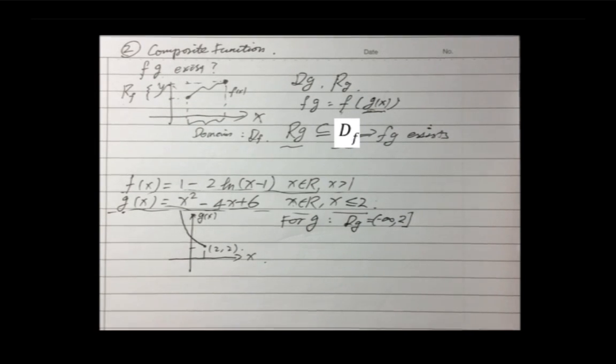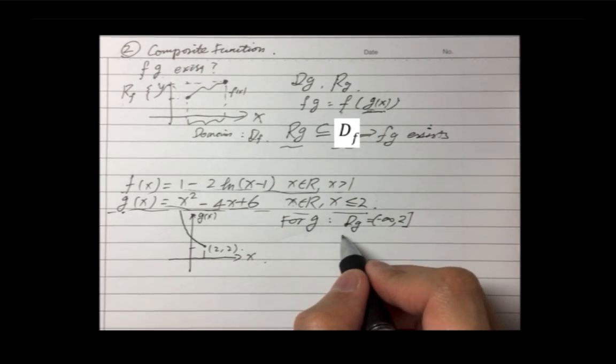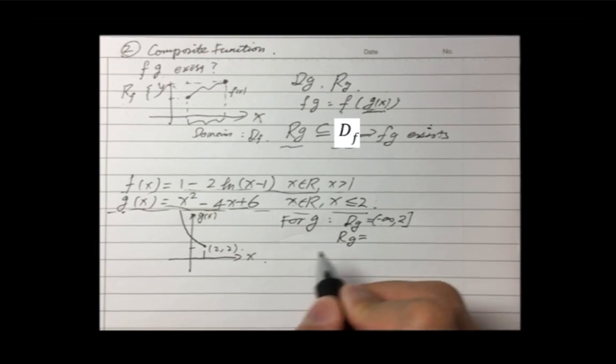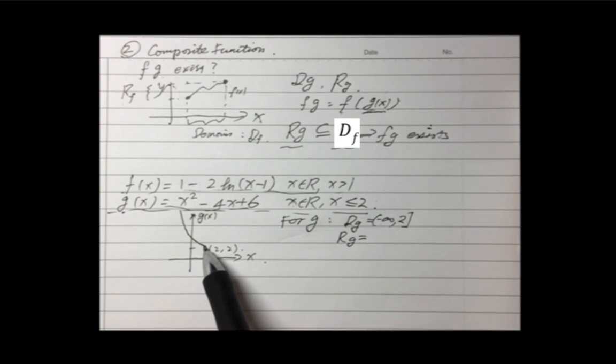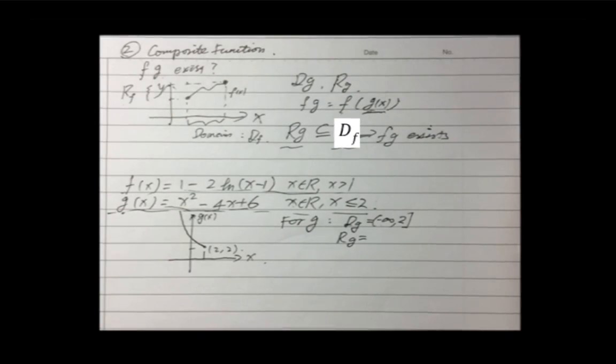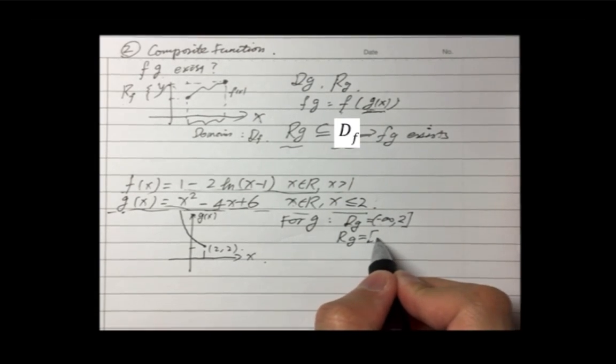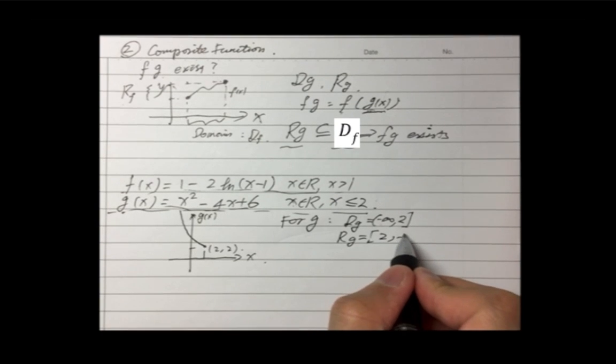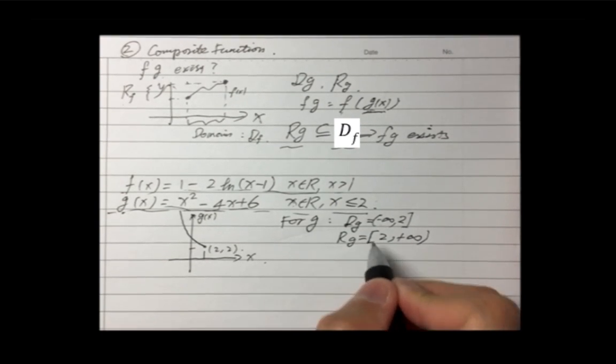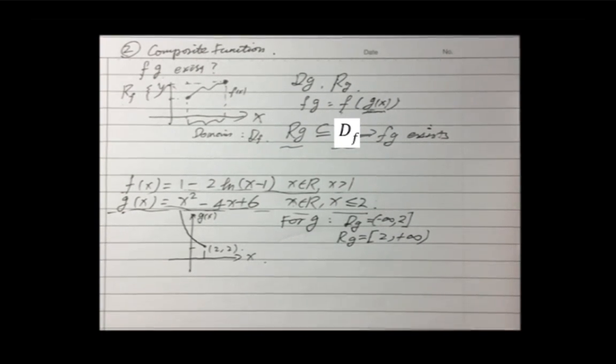So for g, Dg is like this. How about Rg, the range? The range is from the lowest point all the way up to the greatest one. So it's 2 and positive infinity. This is Rg.